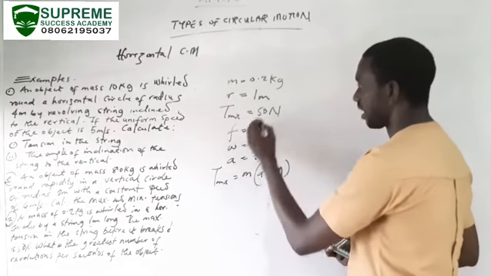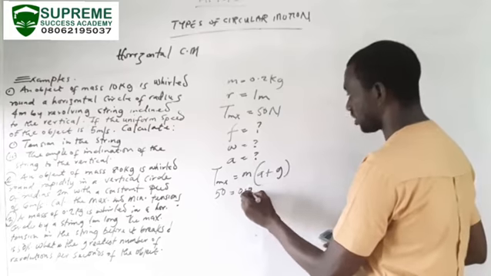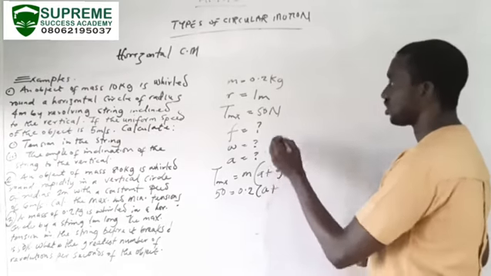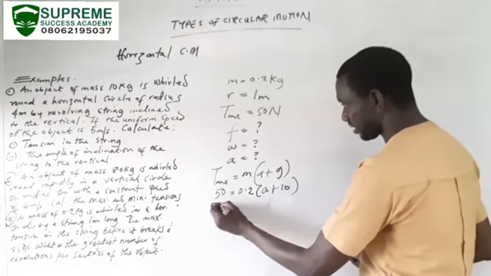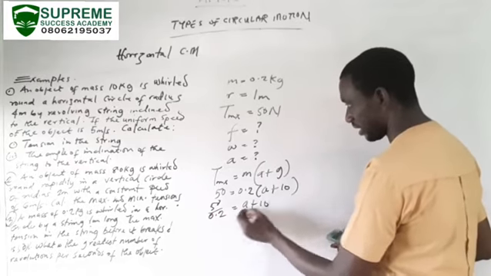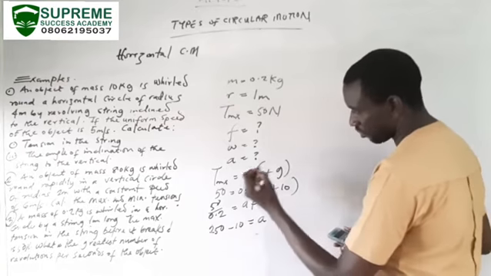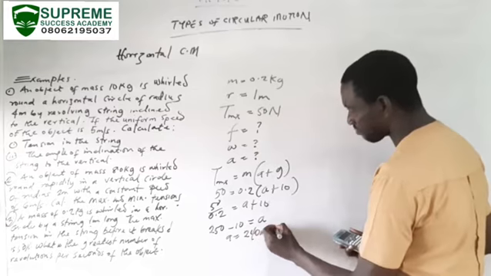So what's your T max? 50 Newton. What is your mass here? 0.2. Your A, that's the guy we are looking for. Plus G, a constant, that's 10. 50 divided by 0.2 equals A plus 10. This is going to give you 250 minus 10 equals A. So your A equals 240 meters per second squared.